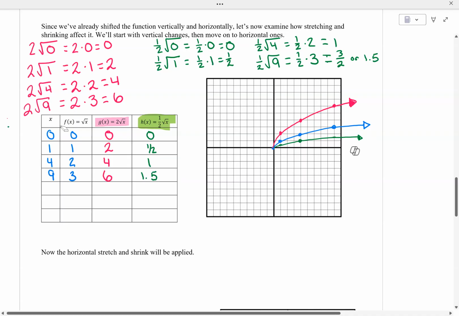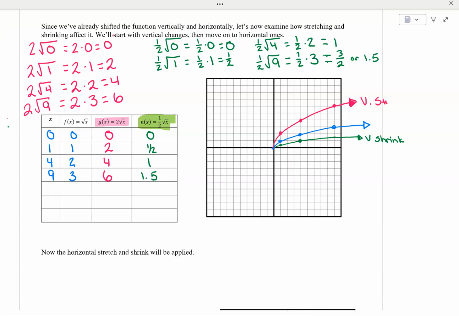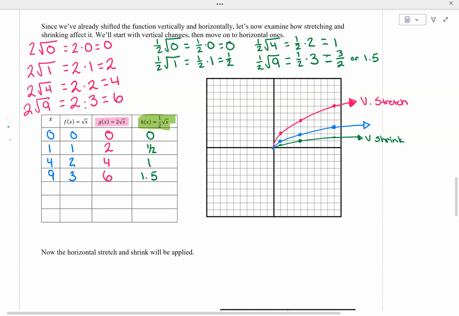Oops, I should put a V there for at least vertical. This is your vertical stretch. But I want you to think about what also happened. Okay, so I'll write this one right here.